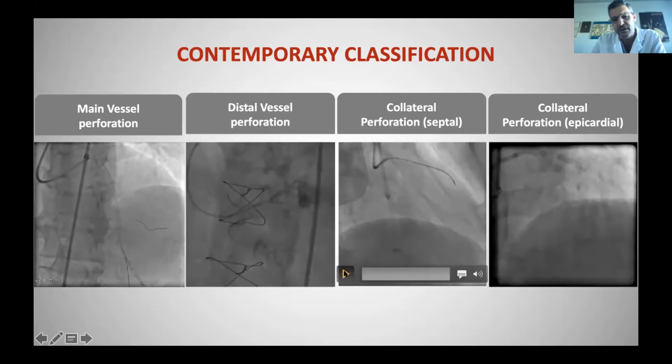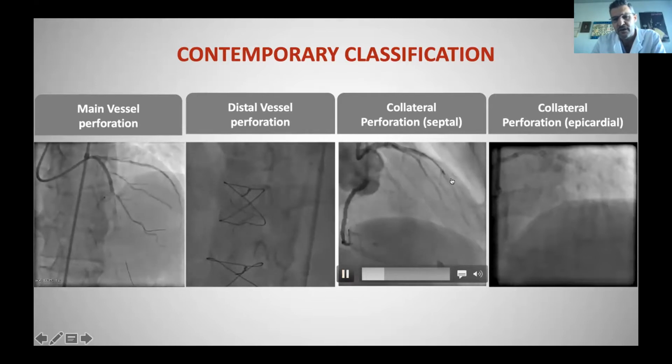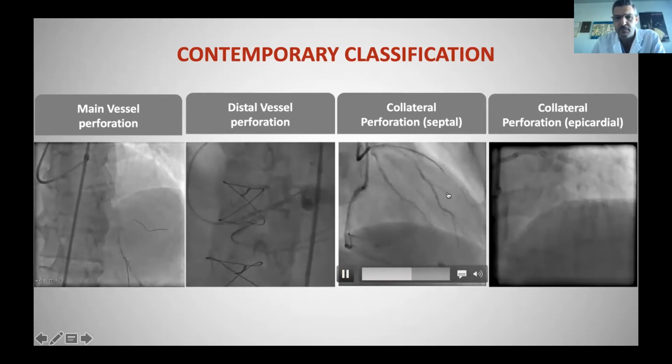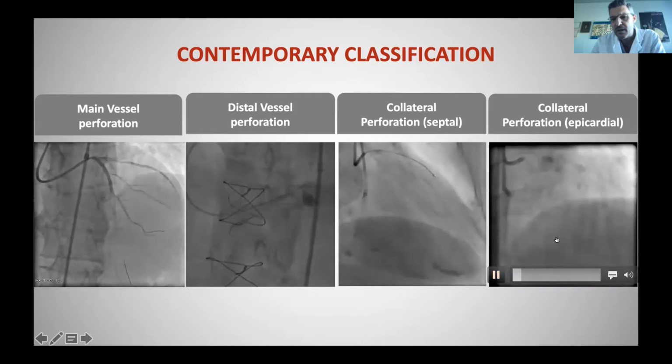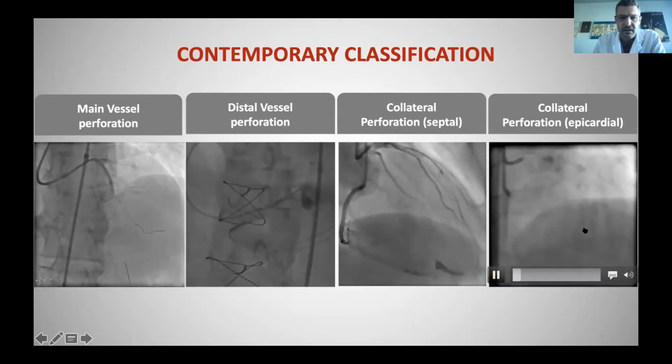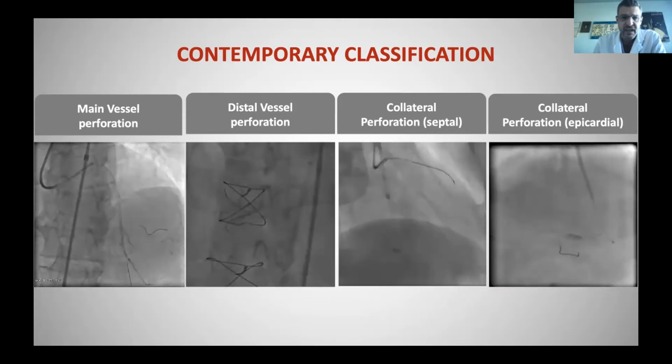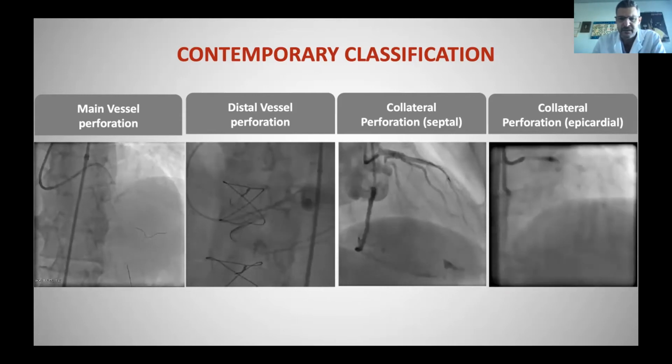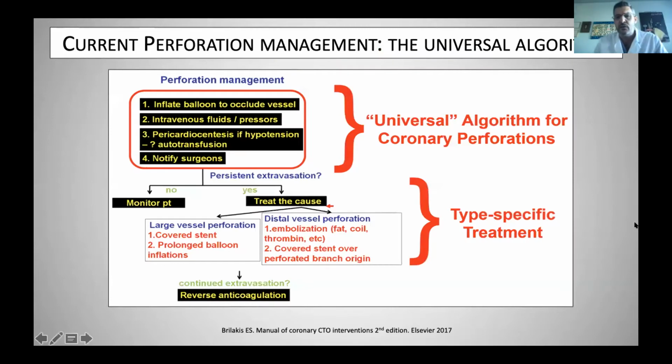According to the kind of collateral we decide to cross, we can have septal perforation and epicardial perforation as well.